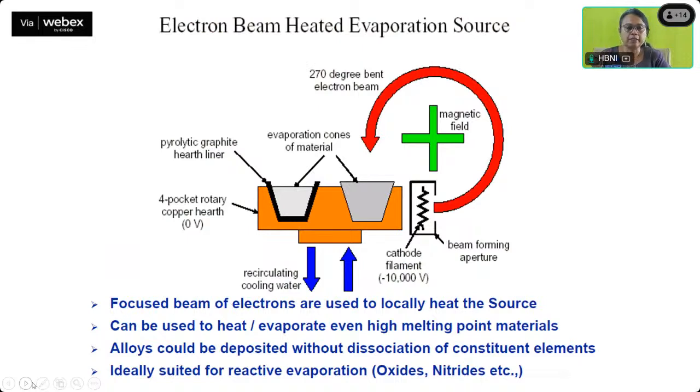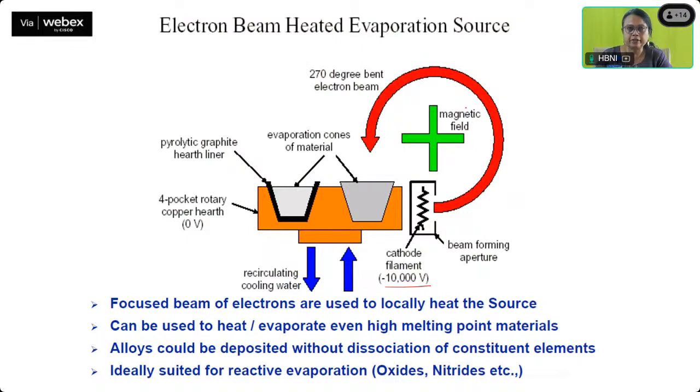But for all materials, it is not possible. Generally, we have seen that materials like metals we can evaporate. But when it comes to oxides and nitrides, which have a very high melting point, how to melt them? In this case, we are using a beam of electrons. We have a cathode filament, which is given high voltage, and an electron beam is formed.